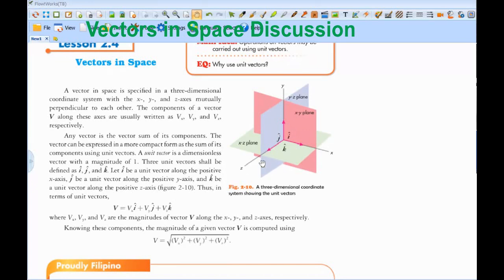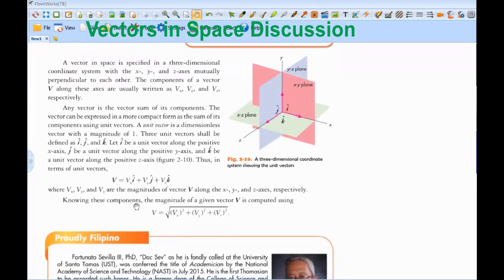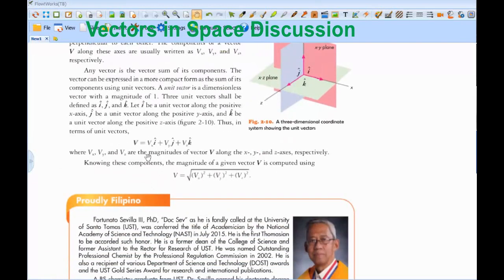Okay? So in terms of the unit vectors, we have this formula. v equals v of x i hat plus v of y j hat plus v of z k hat, where vx, vy, and vz are the magnitudes of the vector along the x, y, and z axes respectively.